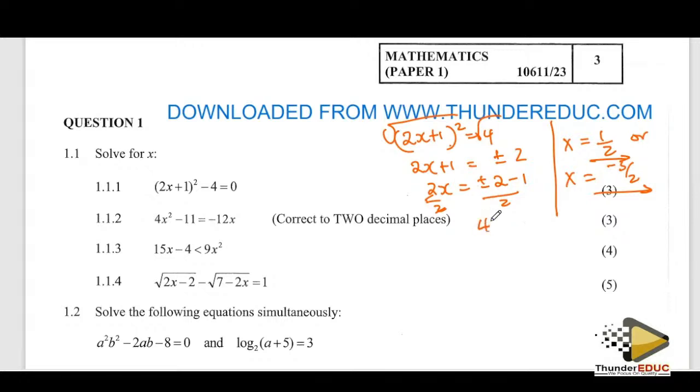So I'll have 4x² + 12x − 11 = 0. Now, whenever they ask us to give our answers to decimal places, we definitely have to use the quadratic formula.